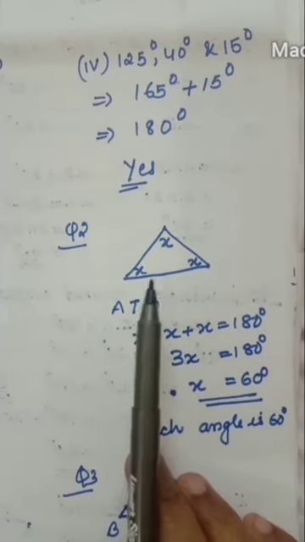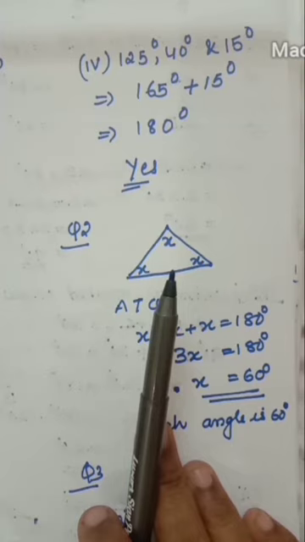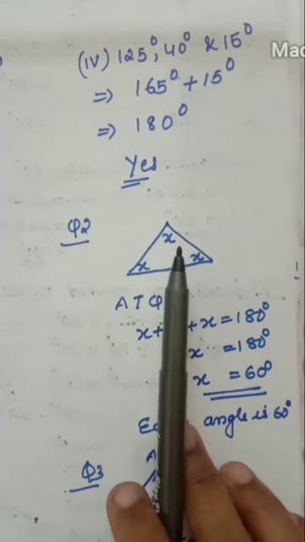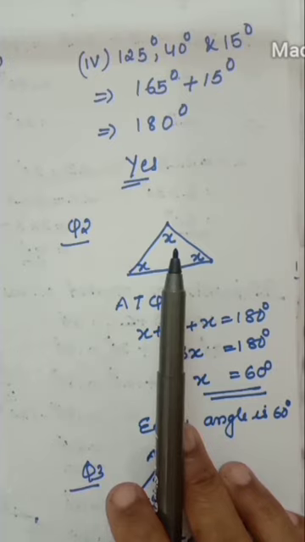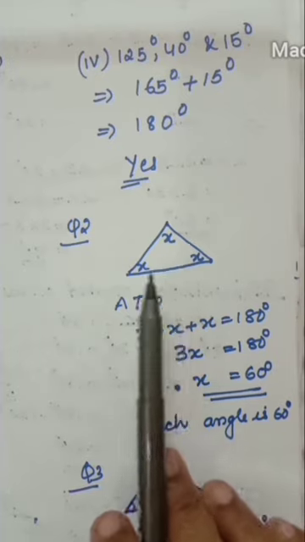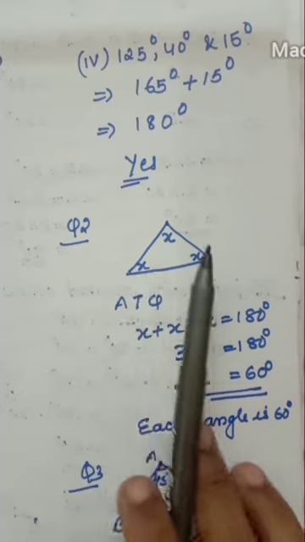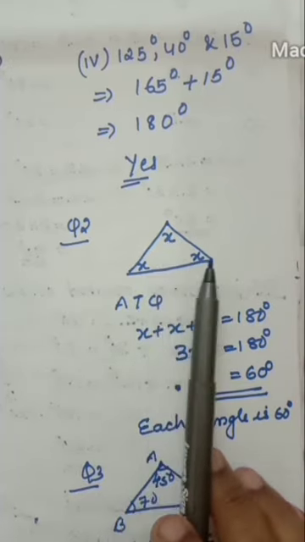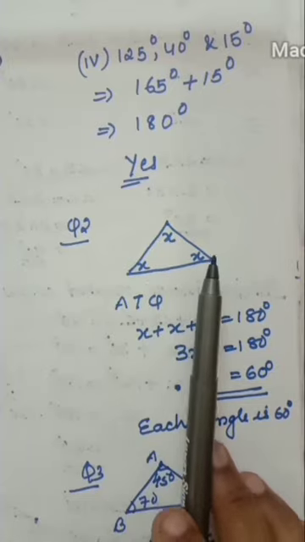Question number 2. The angles of a triangle are equal. In one triangle, all angles are equal. Then you have to find out each angle measure. All angles are equal, so I give angle x. Then all angles are x: x, x, x.